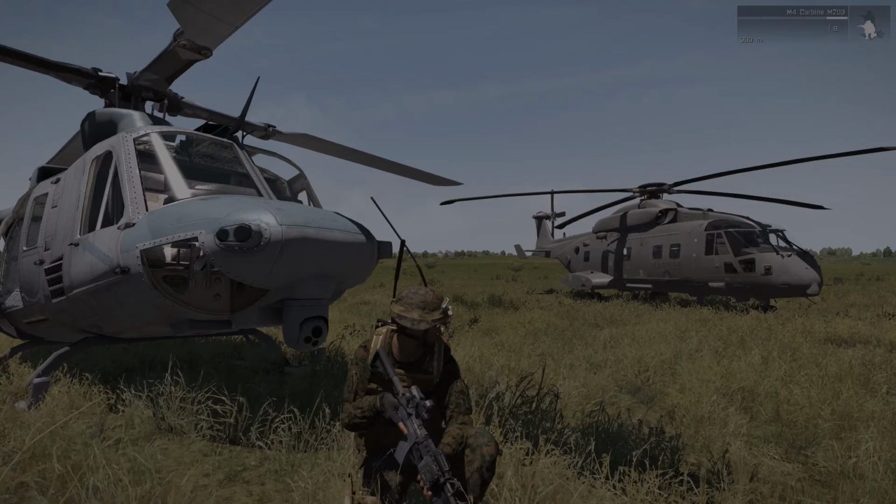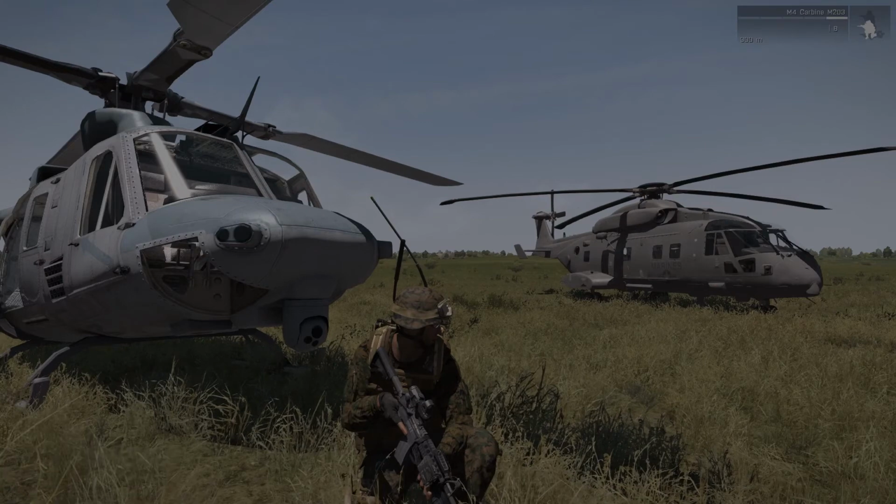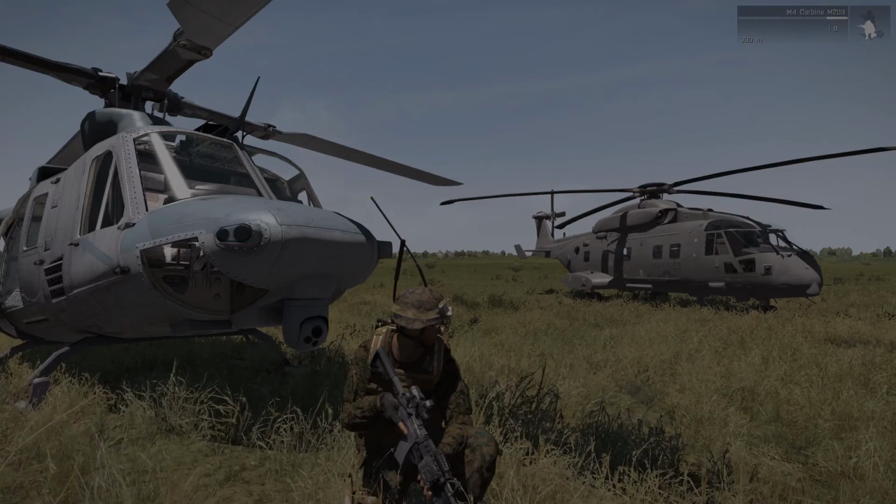So you use something such as the Venom behind me or the CH-53 in the background to do this. These are just standard combat birds that may or may not have dedicated medical staff on board, however they still have the capabilities of evacuating wounded Marines from the battlefield.